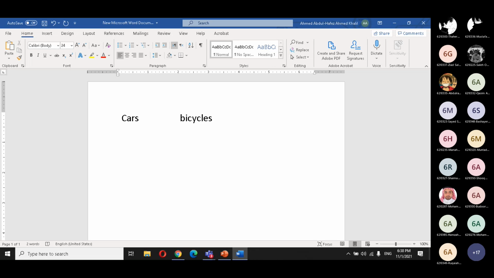You can use some joining words to help you. Like what? Like both? Way of transportation. Yes, it's for transportation, both of them. Here we want to put it in a good form, in a good style.